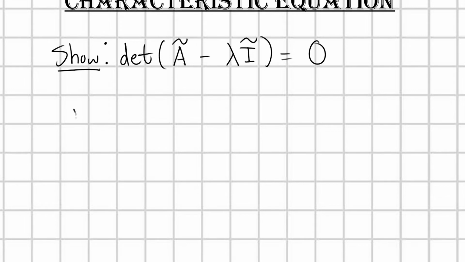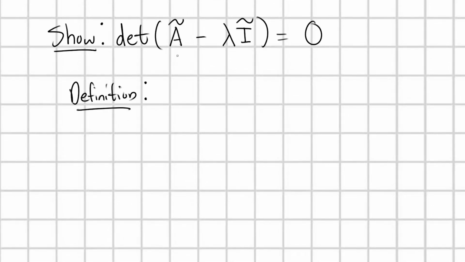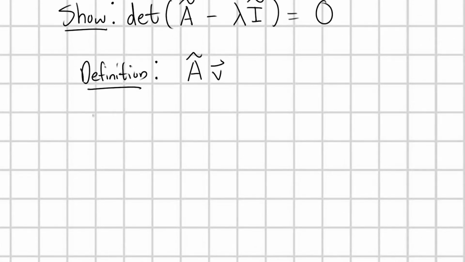The definition of an eigenvector is that if I have a matrix A and I operate it on an eigenvector V. We know that very generally, if I took any matrix and acted it on some vector, it's going to transform the vector. So let's make a little compare and contrast.